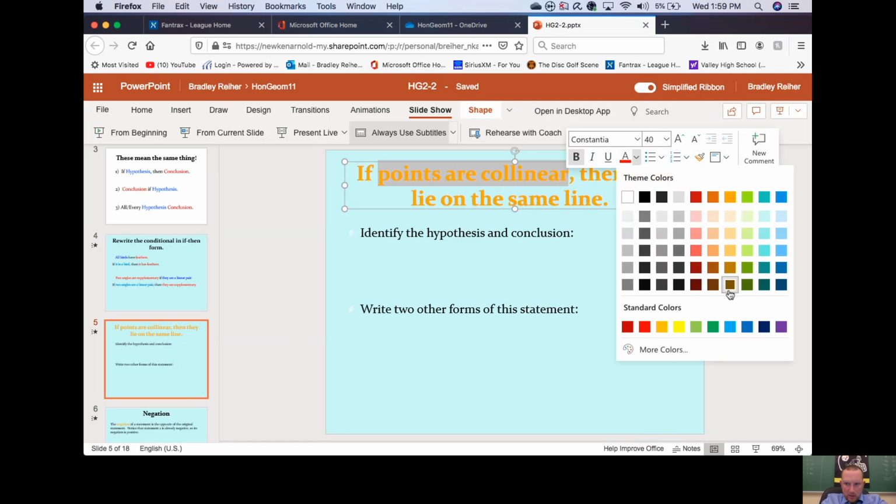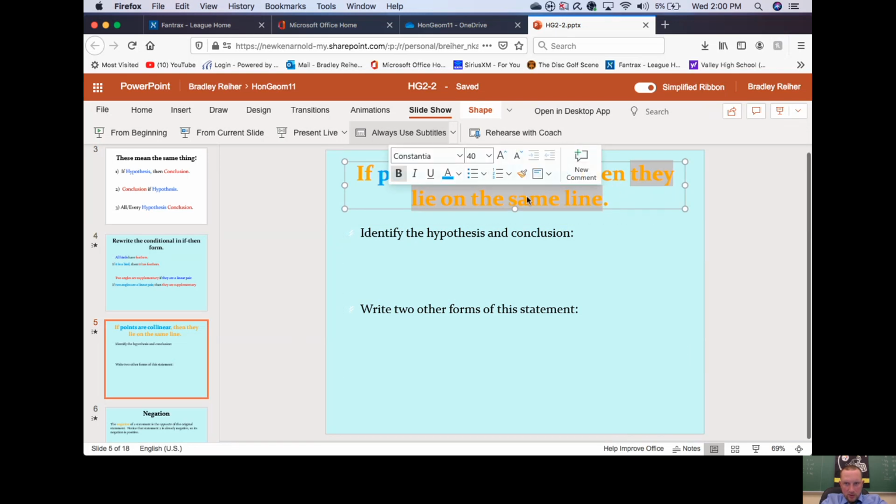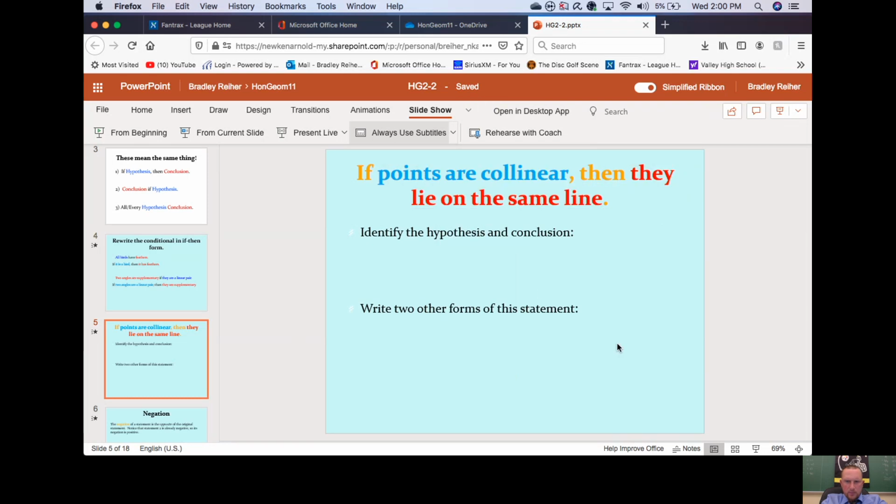I'm not sure how to underline in this mode, so I'm going to just change it to blue. Underline the conclusion twice. Again, I'm not sure how to do that, so I'm going to make it red. This is a quick way for me to identify hypothesis and conclusion. I didn't need to rewrite the whole thing.